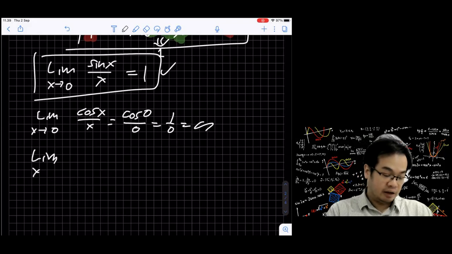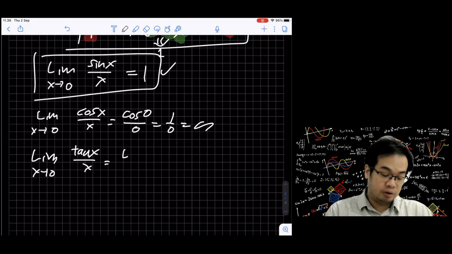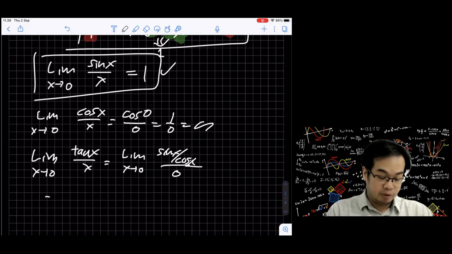How about tangent x over x? Well, this is also an indeterminate form because tangent 0 is 0, so 0 over 0. So if this is the case, then we can change it into sine x over cosine x divided by x.